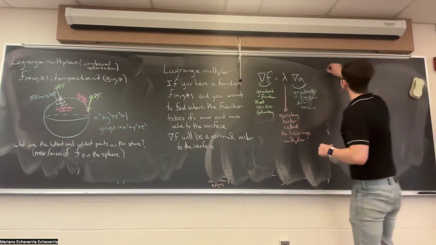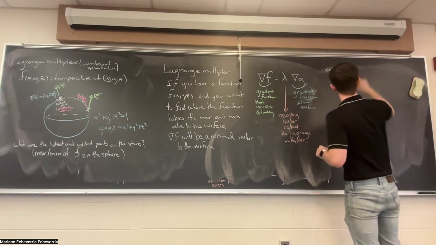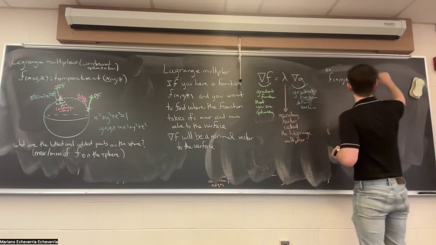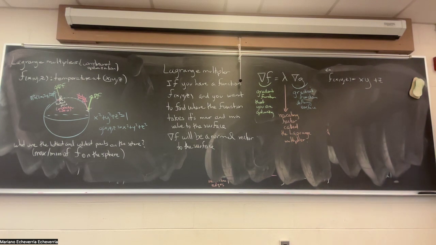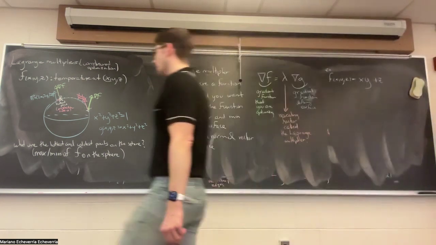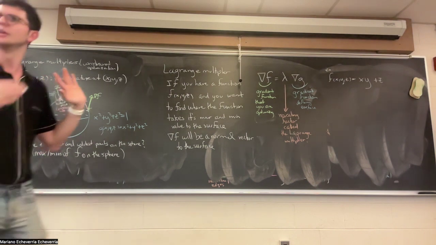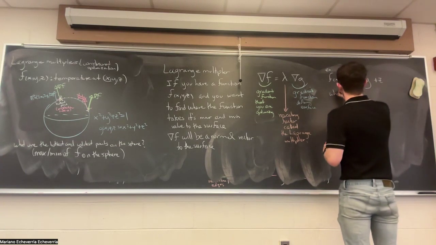So let's say that the function is xy plus z. I want to find the max and the min value of this function on the sphere. Let's continue working with the sphere because we have talked about it up to now.